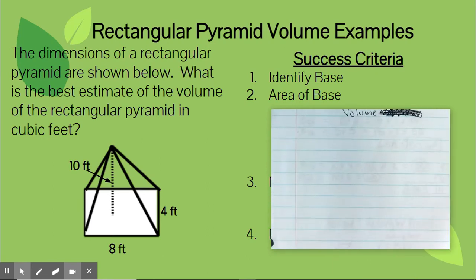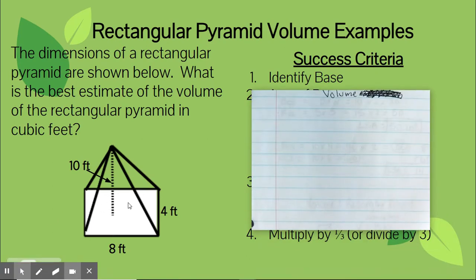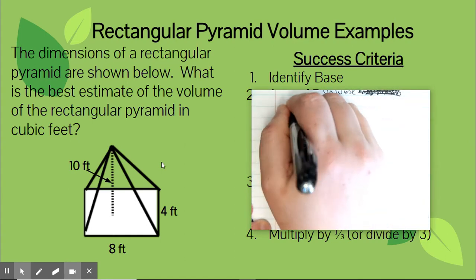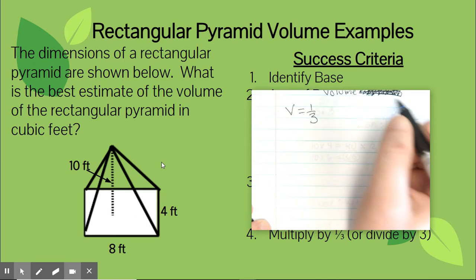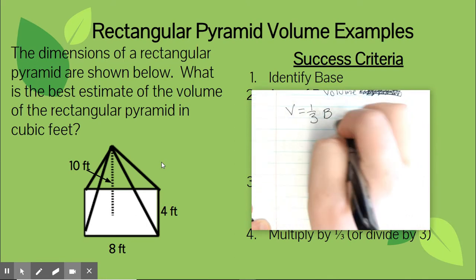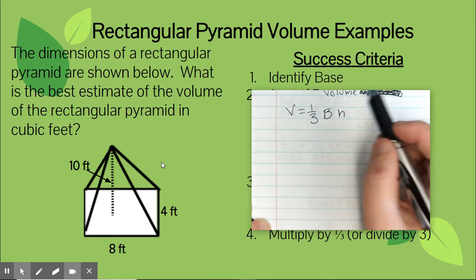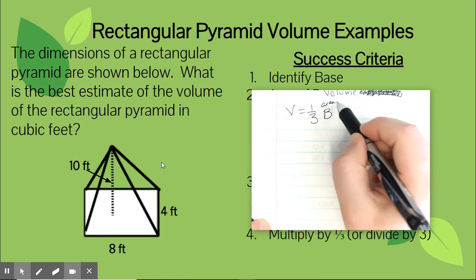So we want to identify the base, which is that rectangle, right? The dimensions of a rectangular pyramid are shown below. What is the best estimate of the volume of the rectangular pyramid? Okay, so I know that my formula is V equals 1/3 times the area of the base times height.